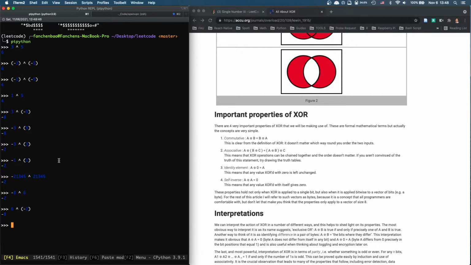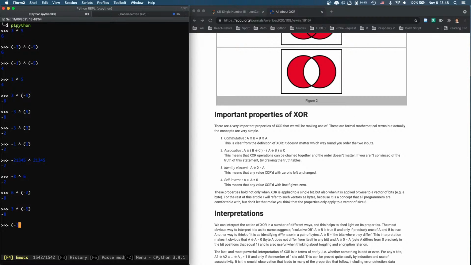Wait, that's the same, right? Let's say 3 exclusive or minus 5, or minus 3 exclusive or 5. Yeah, it's the same value.